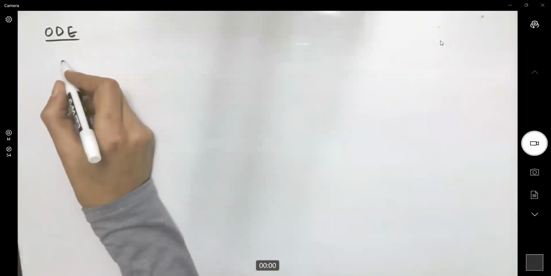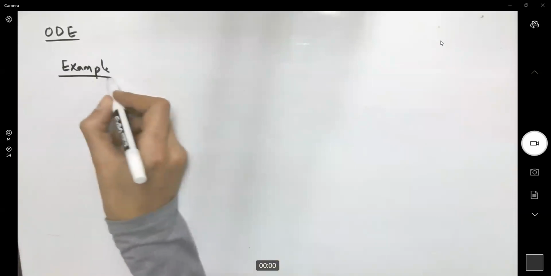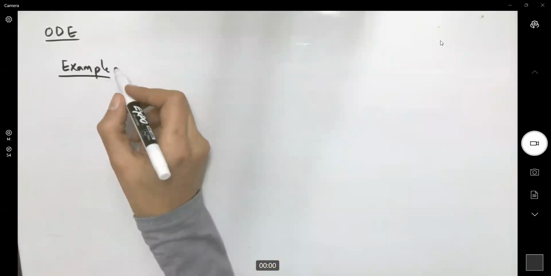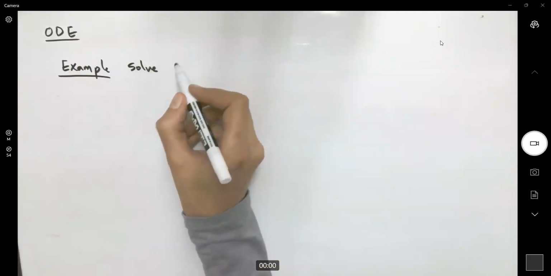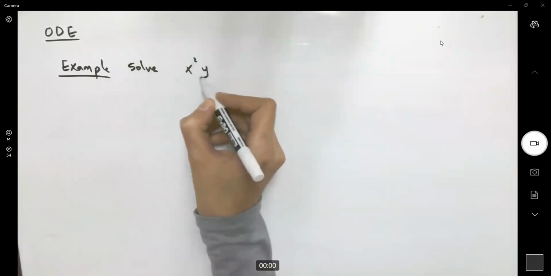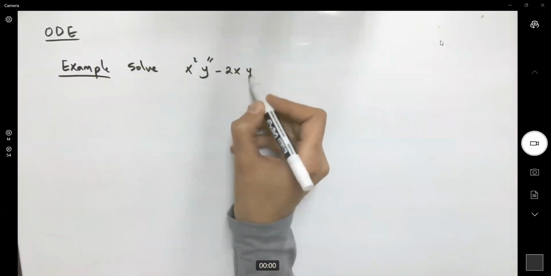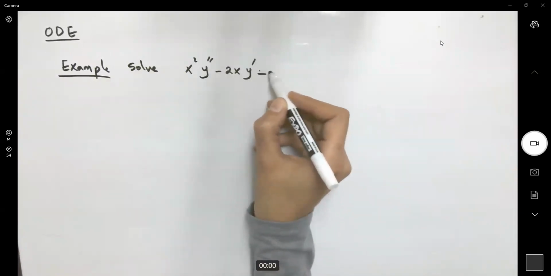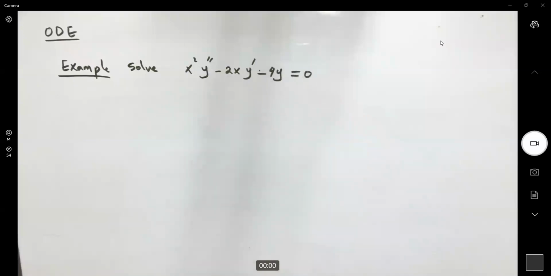Let's start by working with the first example. This example says, solve the following differential equation. We have x^2 times the second derivative of y, minus 2x y prime, minus 4y equals 0.